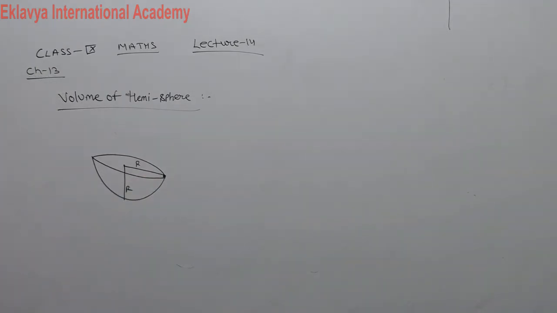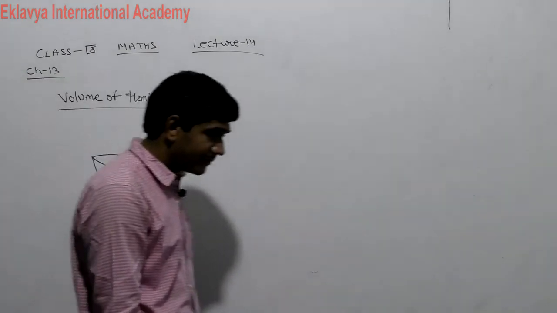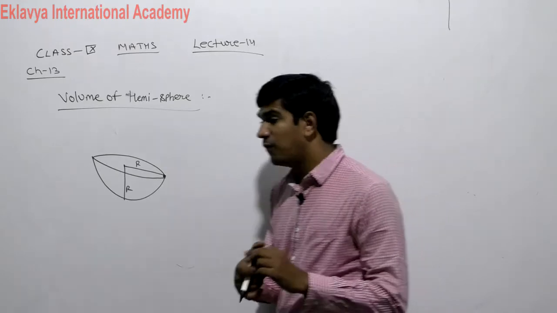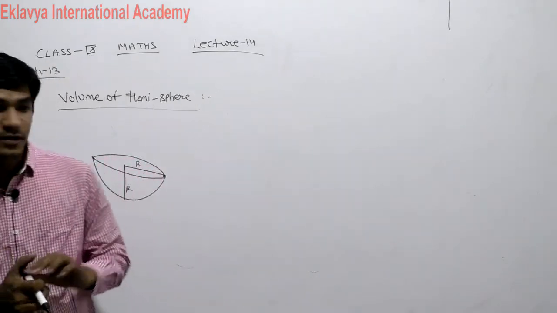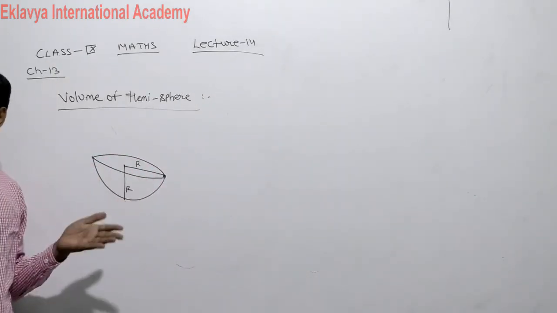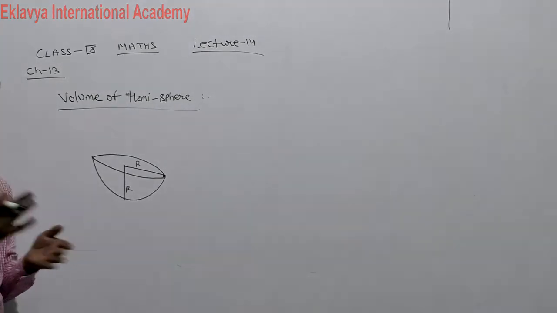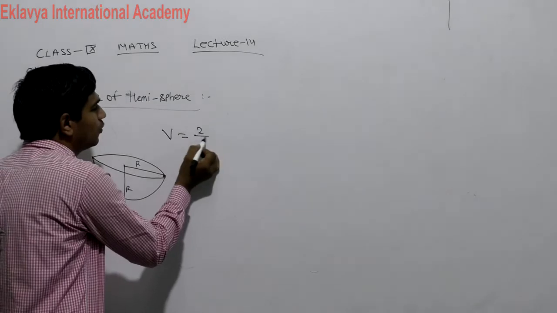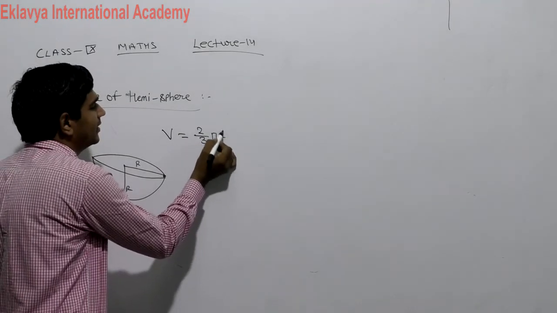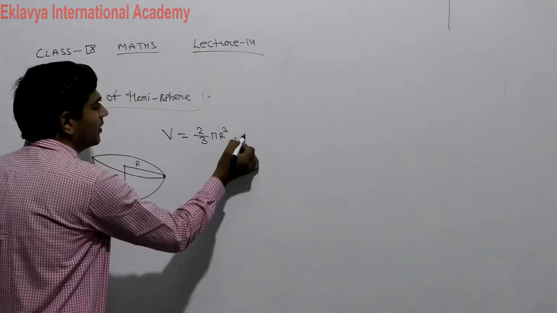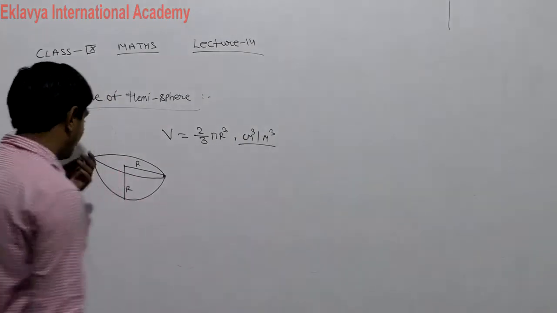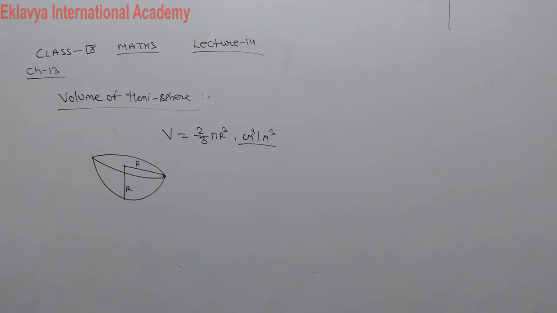So what is the volume of the hemisphere? We already discussed that. What is the volume of the sphere, students? 4/3 pi r cube. So here hemisphere means half of the sphere. So volume of hemisphere is 2/3 pi r cube, which will come either in centimeter cube or meter cube. That is the volume of the hemisphere.